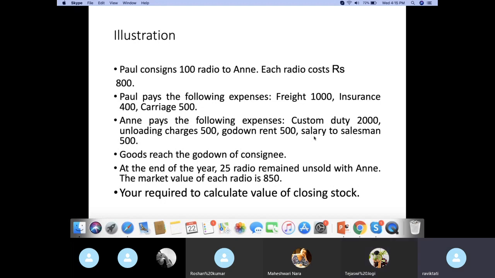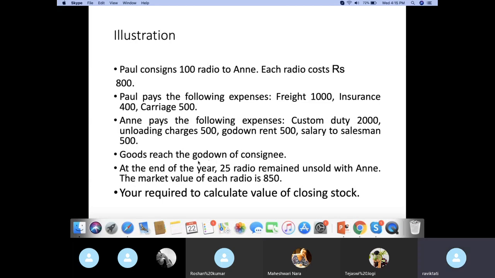This 500 and this 2000 are direct, and this 500 and this 500 are indirect. So 500 of go down rent, 500 of salary to salesman are recurring indirect expenses.